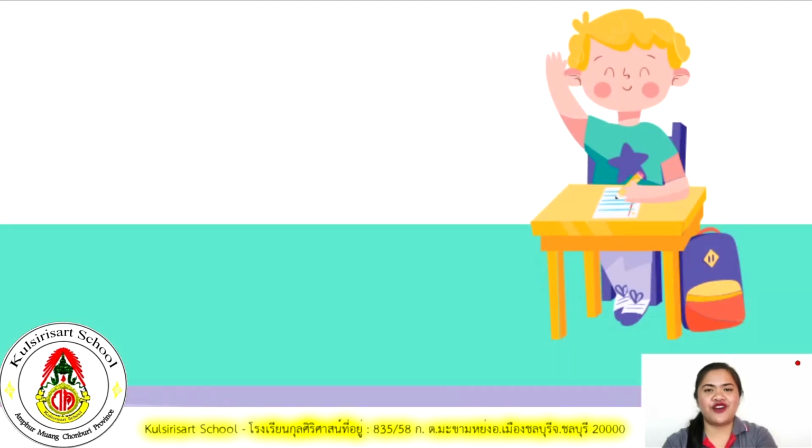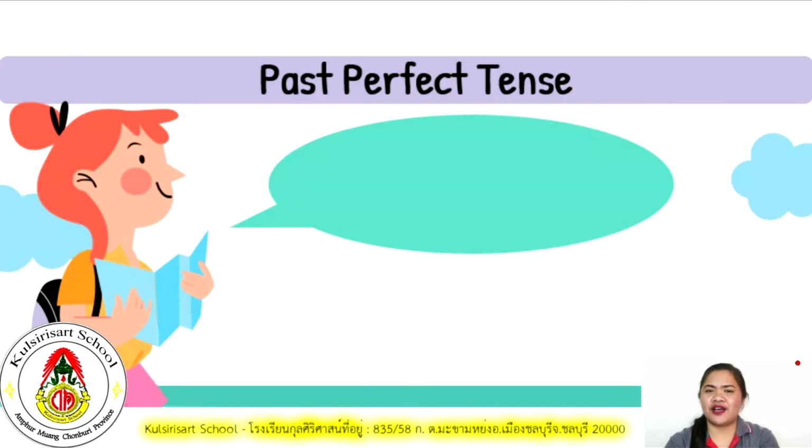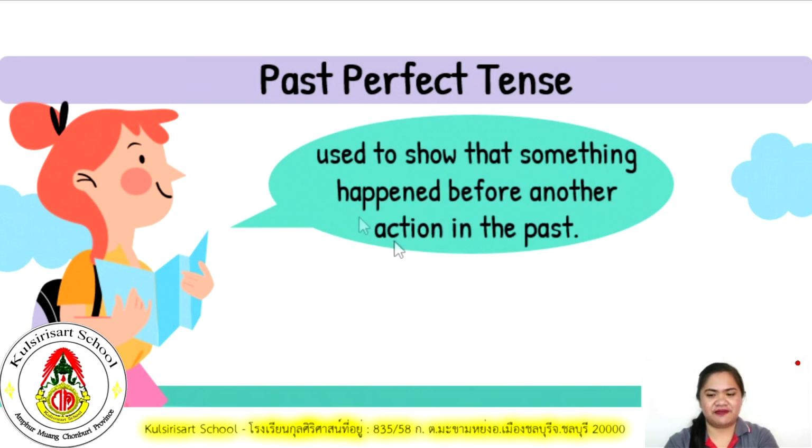Now let's move on to our third topic. Our third topic is all about past perfect tense. When we talk about past perfect tense, this is the definition: past perfect tense is used to show that something happened before another action in the past.